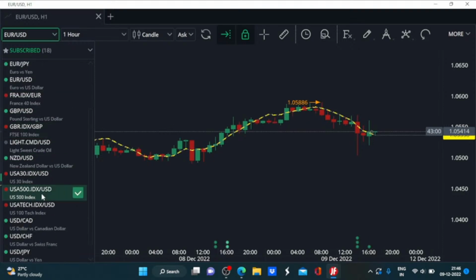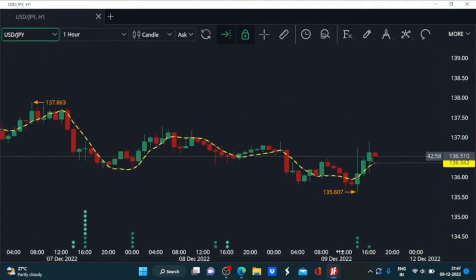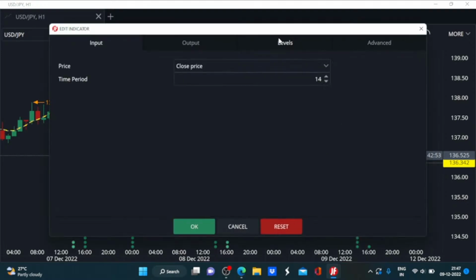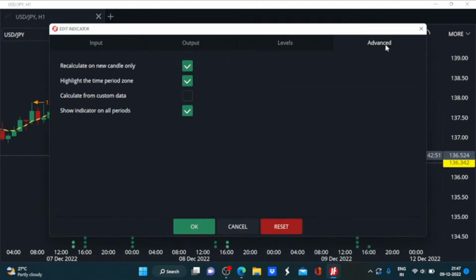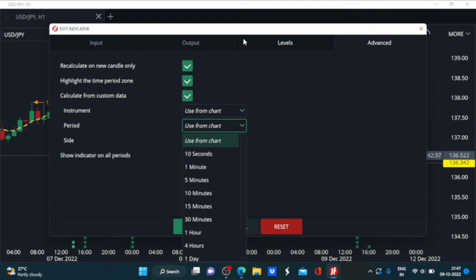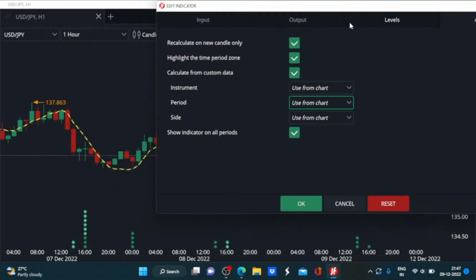Now let me restore it back to USD JPY. Calculate from custom data. You can customize the indicator's calculation further. You can use from the chart, we have opted for this option. Candle period can be same as from the chart, or you can vary it.